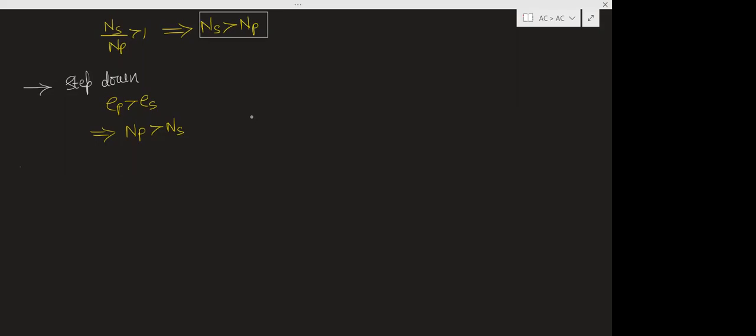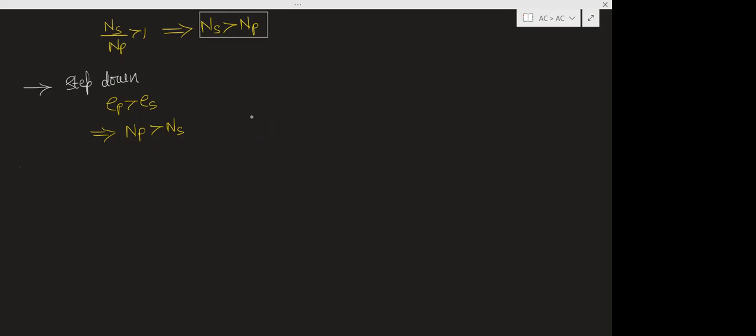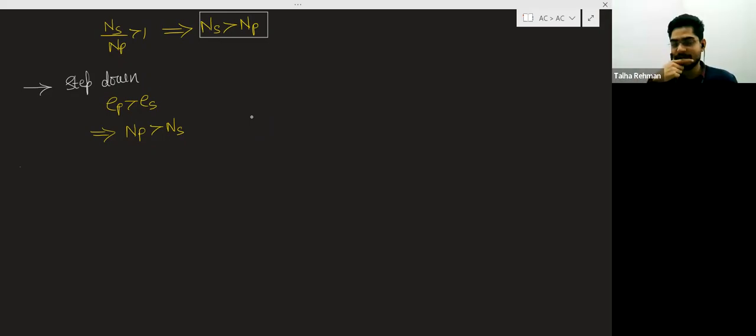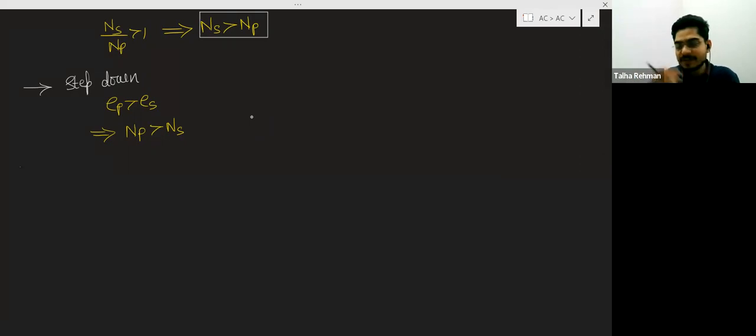Dettol kills 99.999% of germs; it cannot kill 100% of microorganisms. This is a rule of nature, valid everywhere: in the transformer, in the Van de Graaff generator, in the AC generator. So basically, we are considering the ideal transformer.